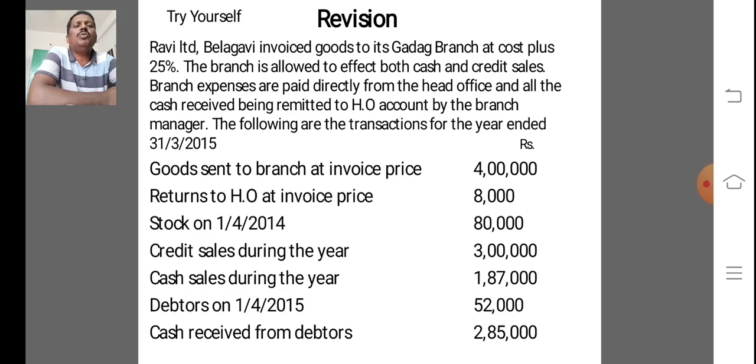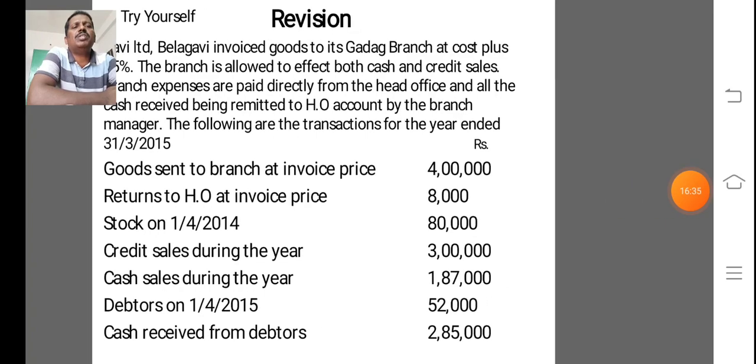31/3/2015. Goods sent to branch at invoice price 4 lakh, returned to HO at invoice price 8,000, stock on 1/4/2014 80,000, credit sales during the year 3 lakh, cash sales during the year 1,87,000, debtors on 1/4/2015 52,000, cash received from debtors 2,85,000.